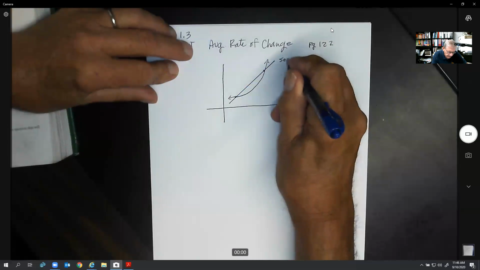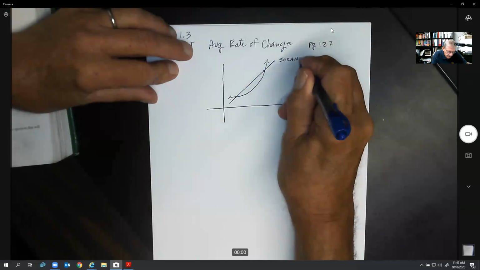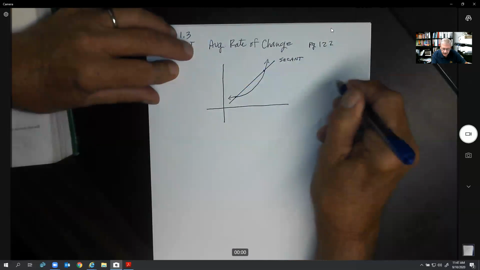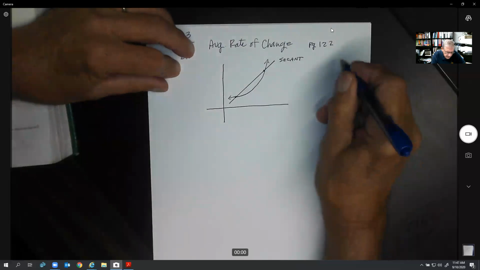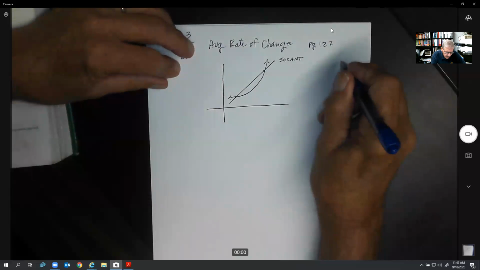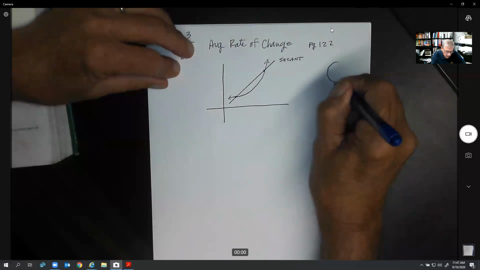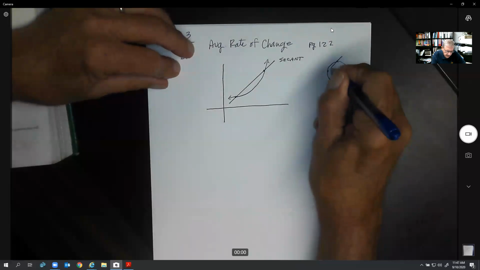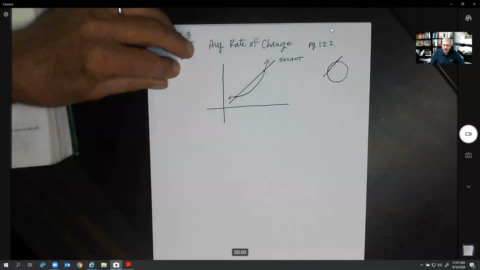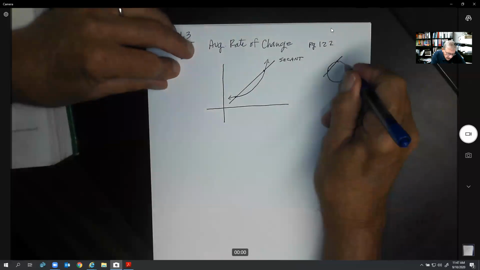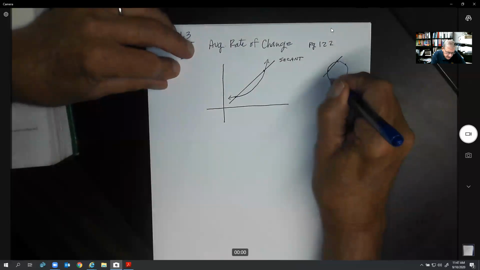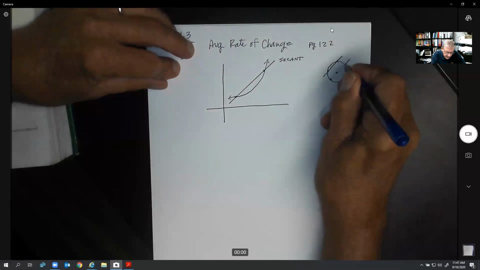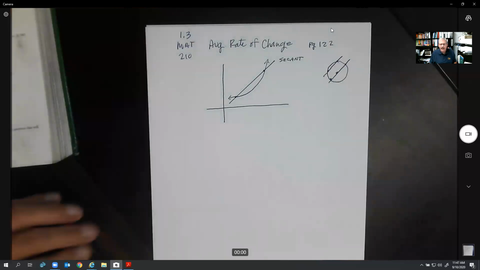A secant line is a line that passes through 2 points on a circle, basically. You might remember this from geometry. If you had a circle and 2 points, and a line that goes through it, it's called a secant line. If the line goes right through the center of the circle, then that secant line became the diameter.